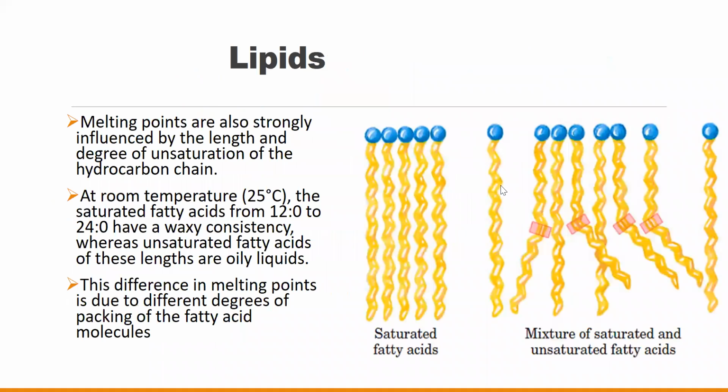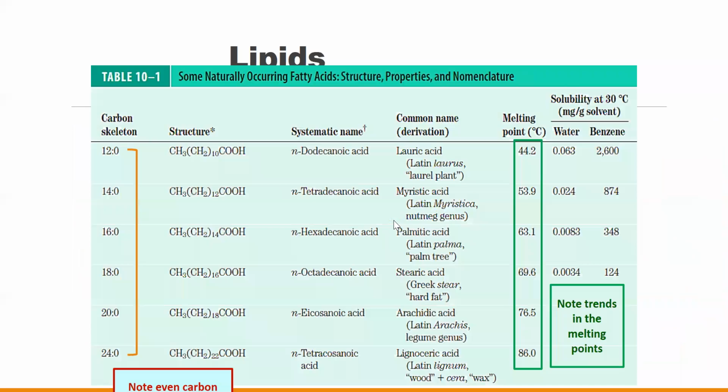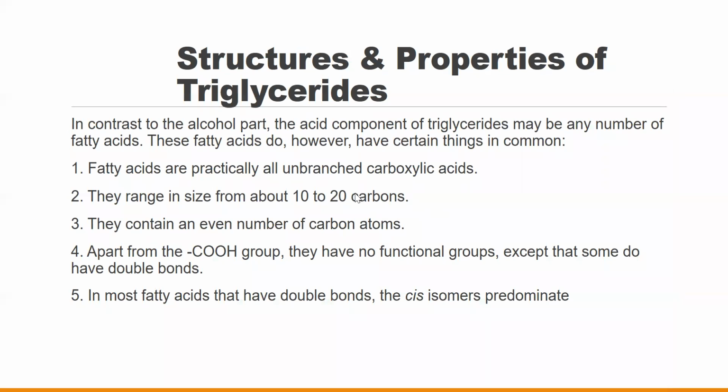Branching is like if you have these long chains of hydrocarbons, just like what you learned in organic chemistry, branching is a carbon coming off the straight chain somewhere in this long chain. So what you notice here is that our fatty acids are not branched. This is not branching. This is due to the double bond, which makes a kink here, so it is no longer highly organized. So fatty acids are unbranched.